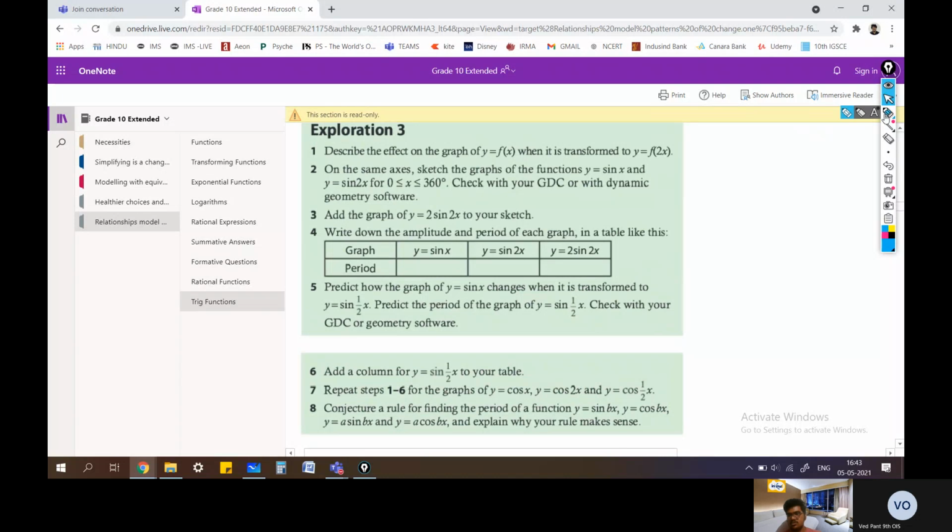So try completing exploration 3 and tell me whether you're able to do it or not.